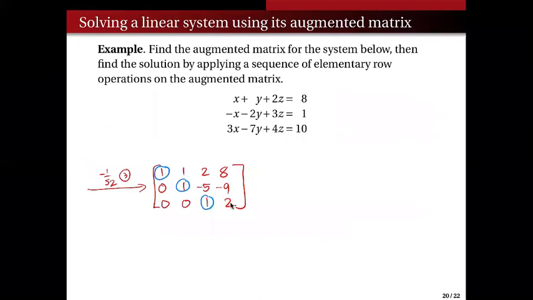Beginning on the last row, you move upwards. The last row, we have this leading one here. We want to introduce zeros to all the entries above it. We want to make this 0. We want to make this 0.